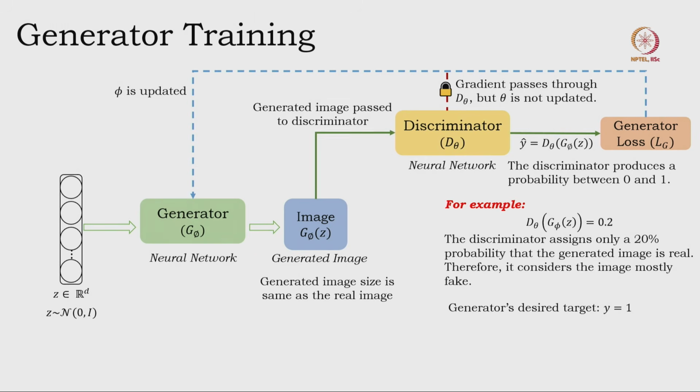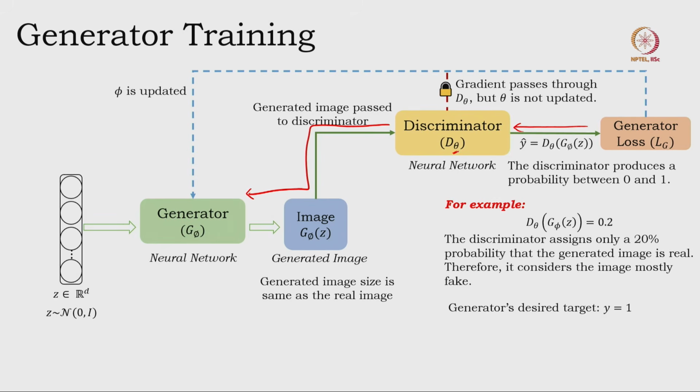You have to backpropagate, and when you backpropagate, is it not like this? Ultimately you will reach the generator. So rather than showing an arrow mark like this, I am showing blue dotted arrow marks on the top. During backpropagation, what exactly is happening? Although you come through the discriminator, which has the parameters theta, you are not going to do any updates here.